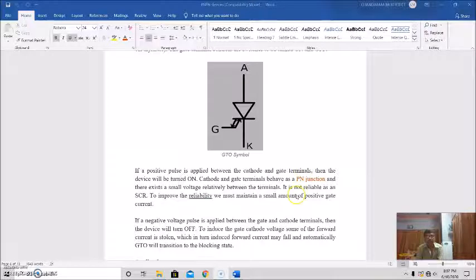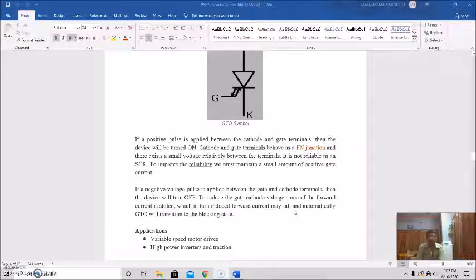The cathode and gate terminals behave as a PN junction, and there exists a small voltage between the terminals. It is not as reliable as an SCR. To improve reliability, we must maintain a small amount of positive gate control. If a negative voltage pulse is applied between the gate and the cathode terminals, the device will turn off.